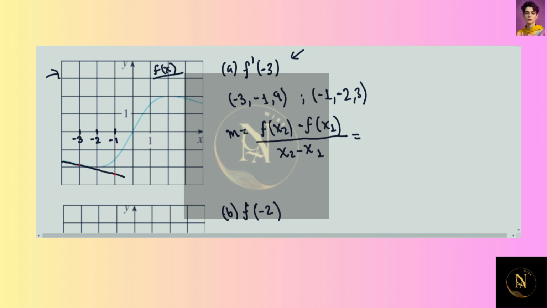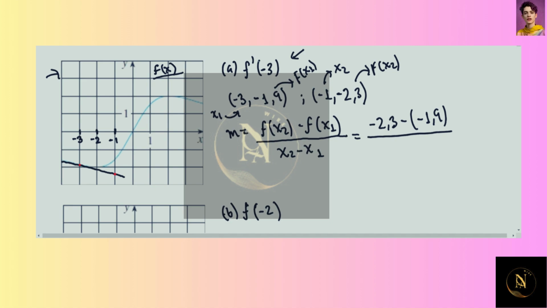In this case, we know that this first point corresponds to s1, this to s2, and this to the evaluation of the function f of s1, and this f of s2. So substituting, we will have minus 2.3 minus minus 1.9 over -1 minus -3.